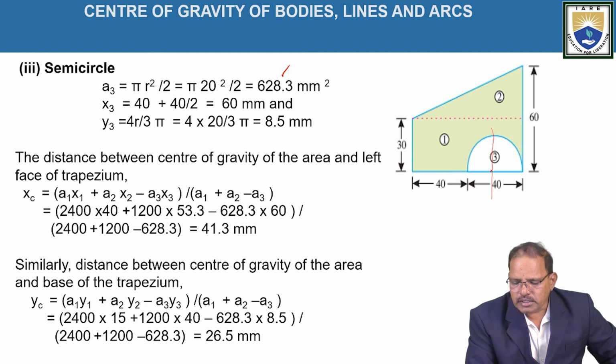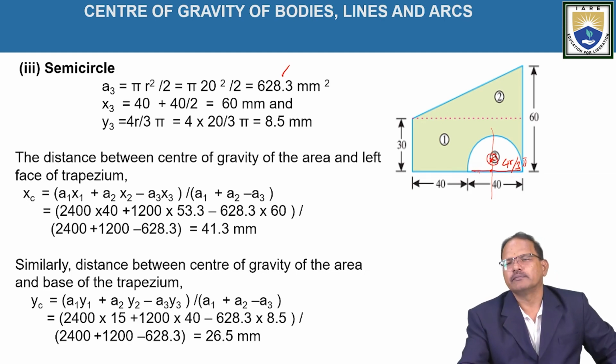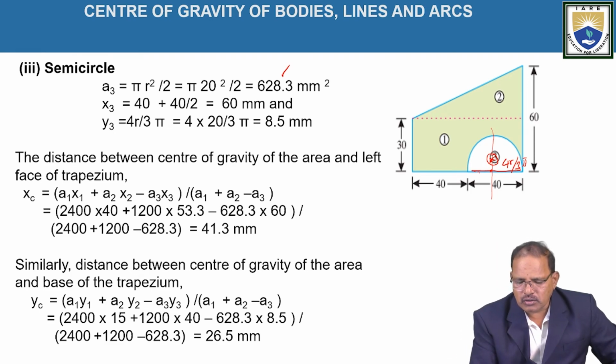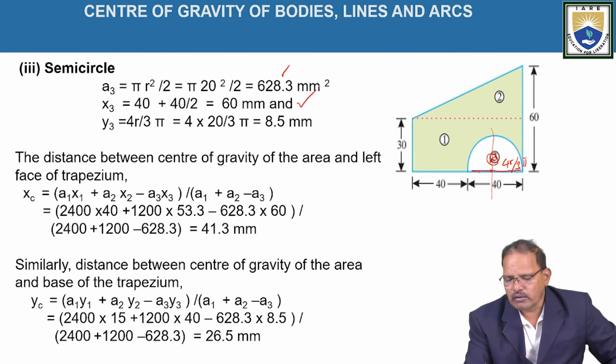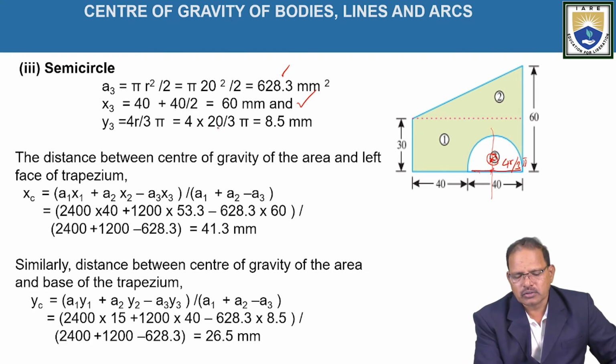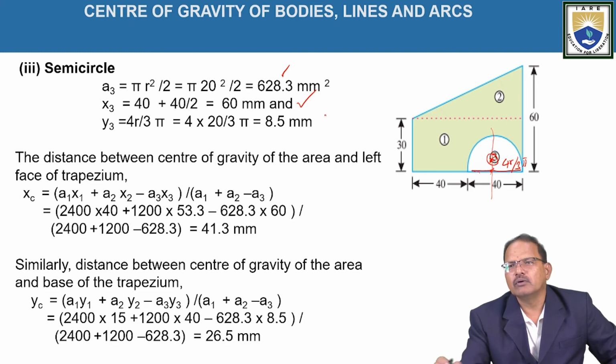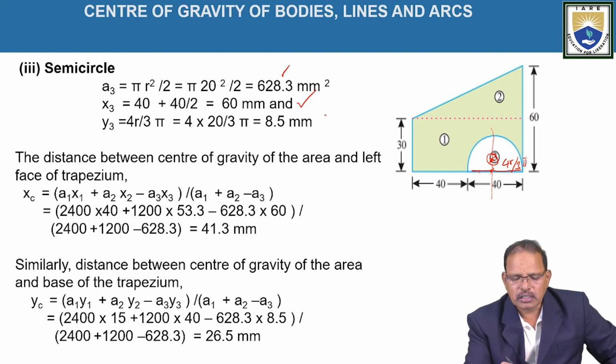The distance is equal to 4r by 3 pi from the base. This is the position of the centroid. Hence x3 is equal to 40 plus 20, which is equal to 60 mm. And y3 is equal to 4r by 3 pi, 4 into r, which is 20, divided by 3 pi, which is equal to 8.5 mm.